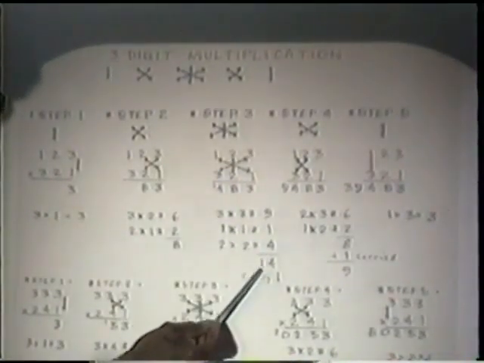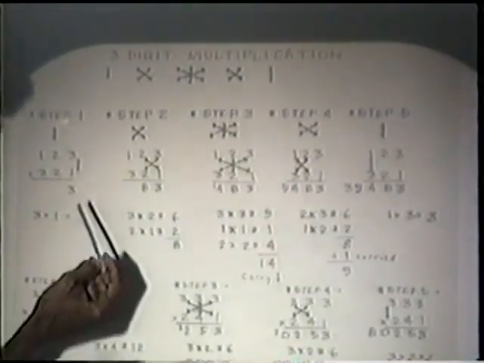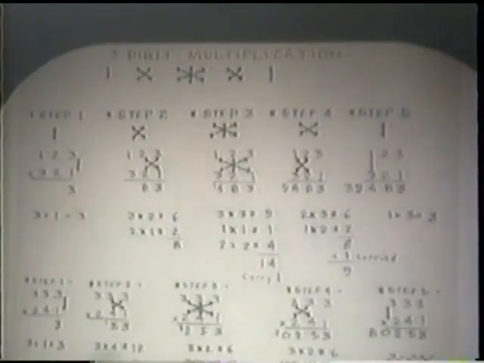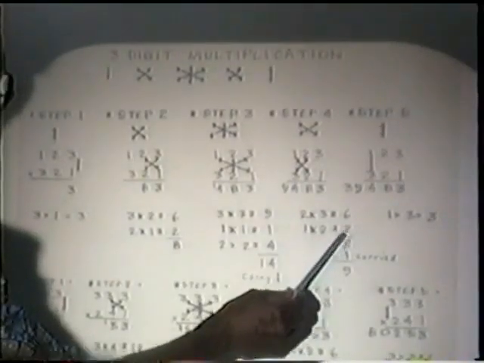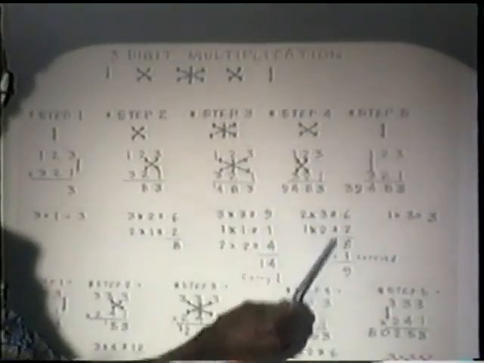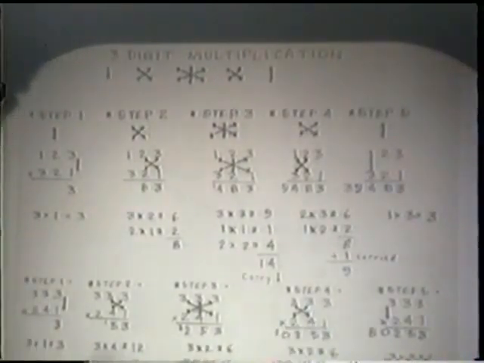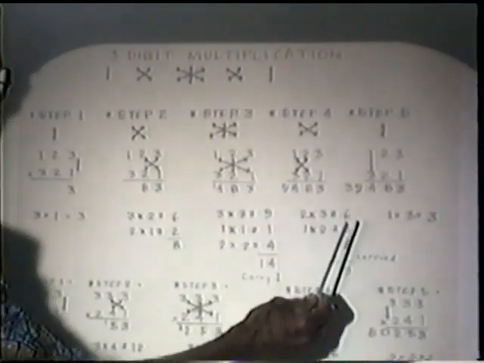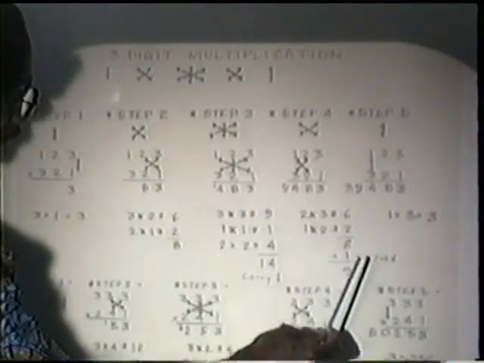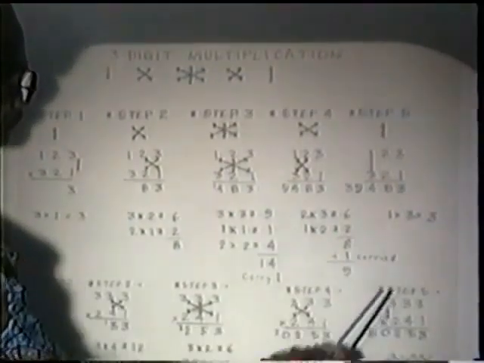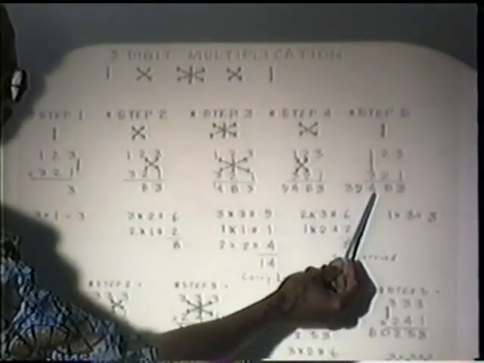And then we add all of them together and got 14, except we carry the 1 here. Here's the 1 we carried right there. Next we go to cross multiplication. 2 times 1 is 2. 3 times 2 is 6. We add that together and get 8, plus the 1 we carried, which makes 9. Our answer is 1 times 3, which is the last step, which gives us 3, and that gives us our complete answer. 39,483.